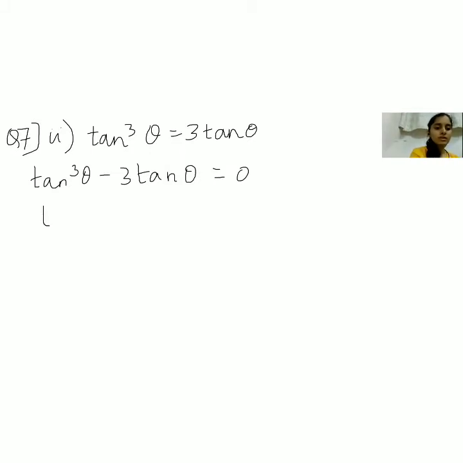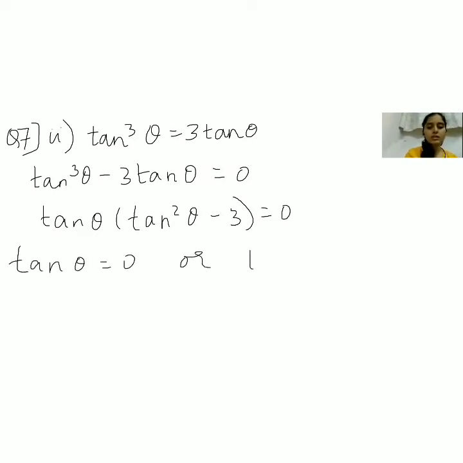We'll take tan theta common over here and we'll get tan square theta minus 3 equal to 0. So now this can be written as tan theta is equal to 0 or tan square theta minus 3 is equal to 0. This will be a square function, tan square theta equal to 3.